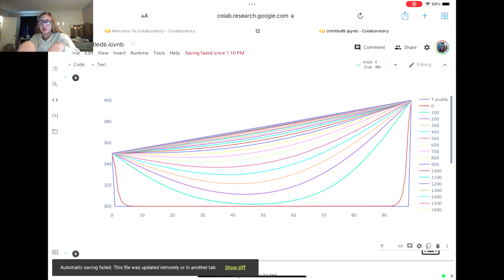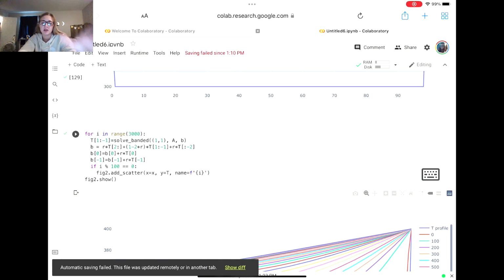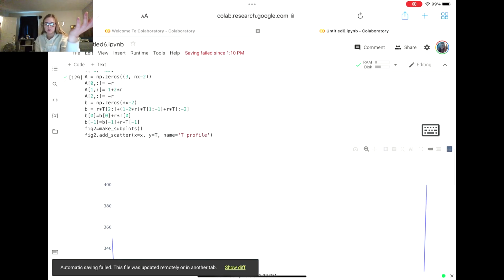So the cool thing about the Crank Nicholson method is that in our previous plot, we saw some instabilities up here when r was greater than 0.5. We got these extreme values all the way to infinity, super high. But in this case, our r is 1, and we have this beautiful looking graph.